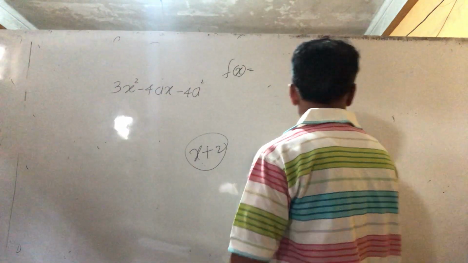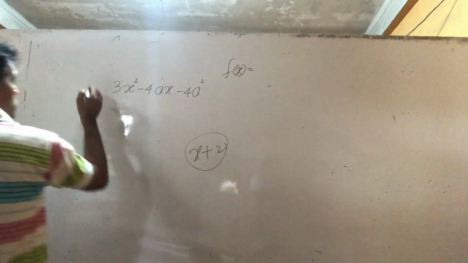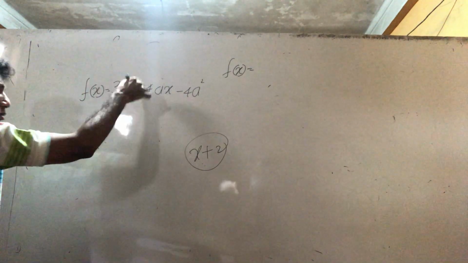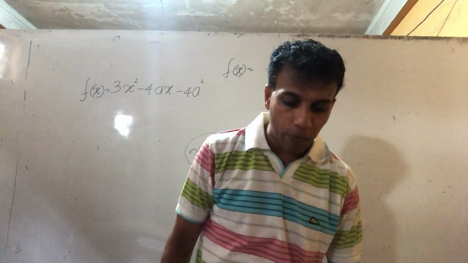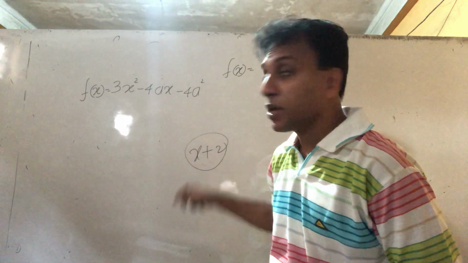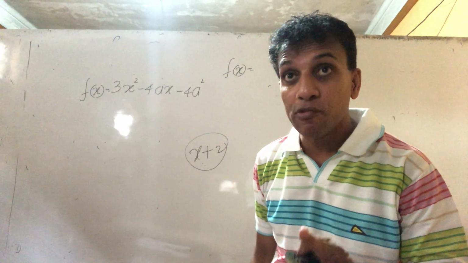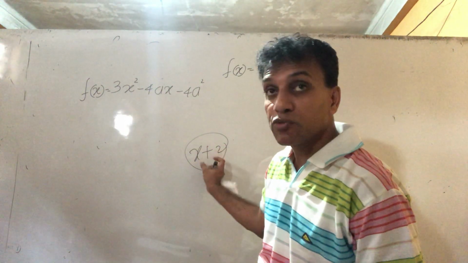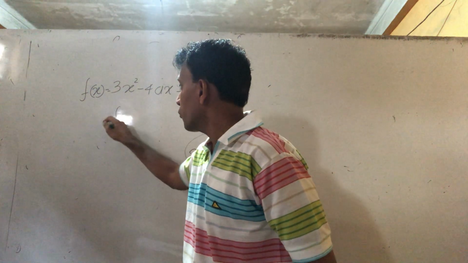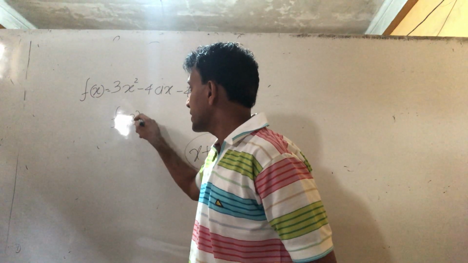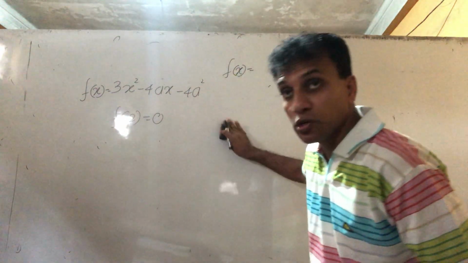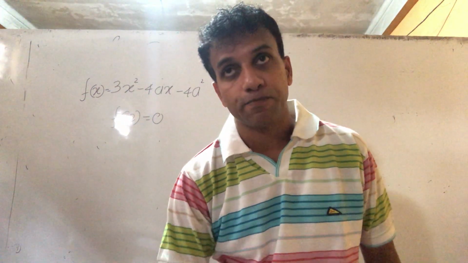So, here we take the f of x. f of x equals that. It is a quadratic polynomial or function, right? So given that x plus 2 is a factor, therefore what does the factor theorem say? Put x for minus 2. f of minus 2 is 0 because x plus 2 is a factor.